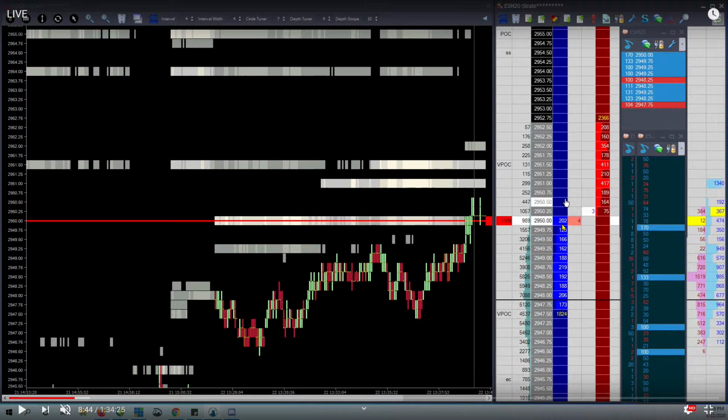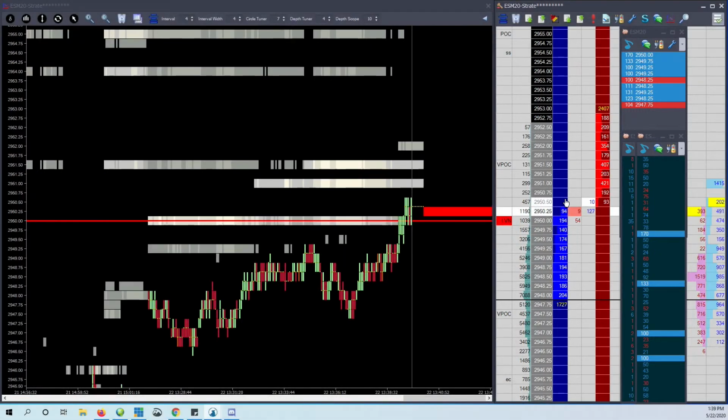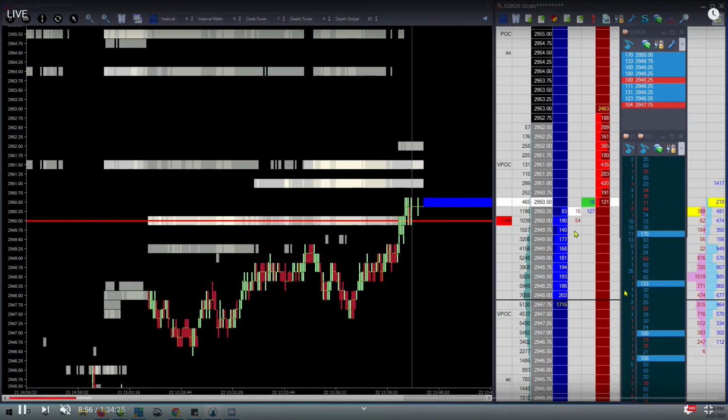Now they're putting in sort of a large bid here. Your volume is starting to pick up on the retail end of it. A lot more selling on the retail end. And, I mean, you're getting some absorption on your footprint. So if you look at your footprint, you're definitely getting absorption in here.